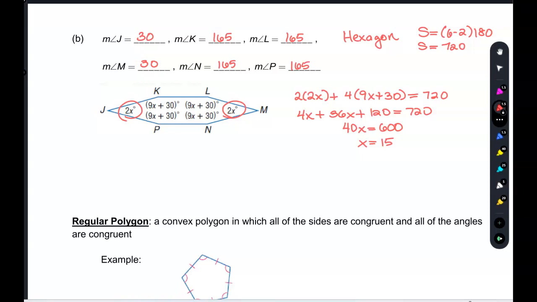Did we get x here? x equals 15. Good. Excellent. So x equals 15, and 30 for 2 of the angles and 165 for the other 4.